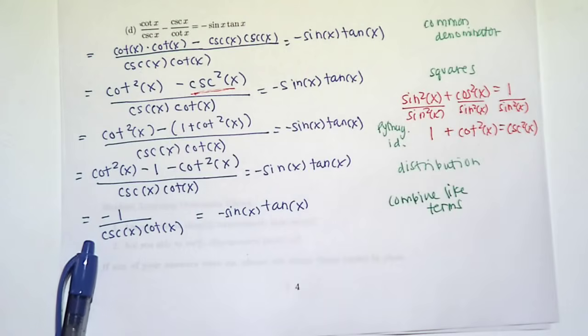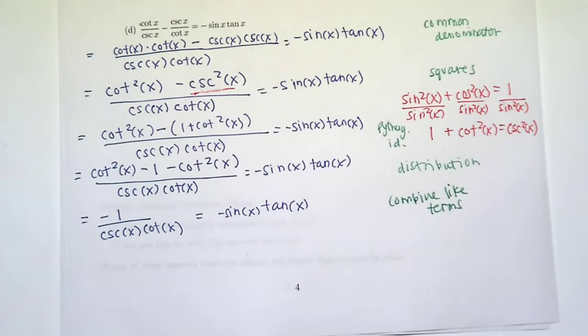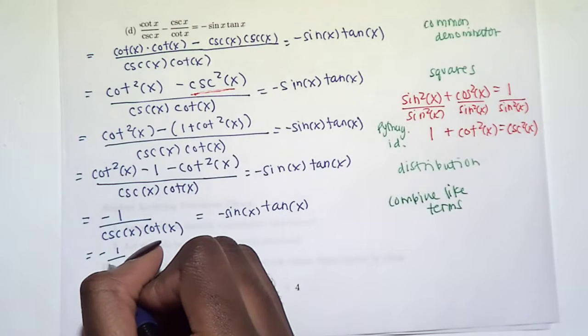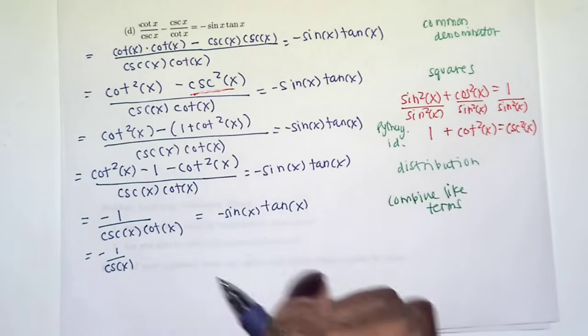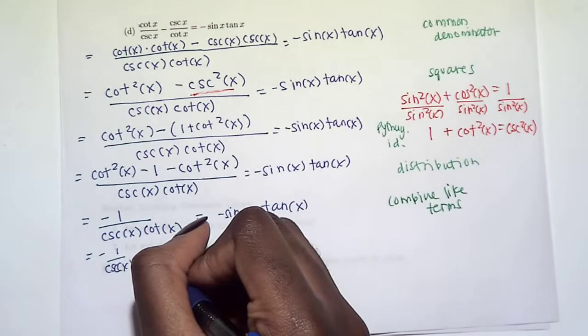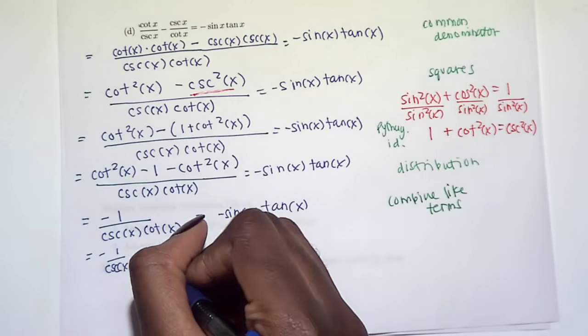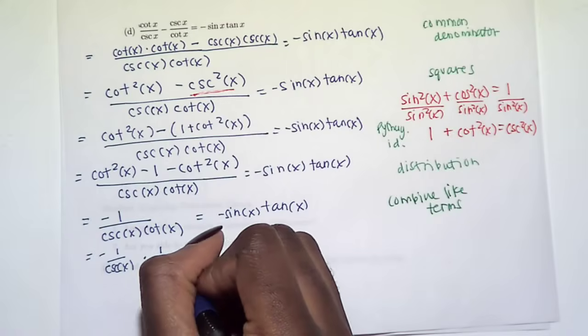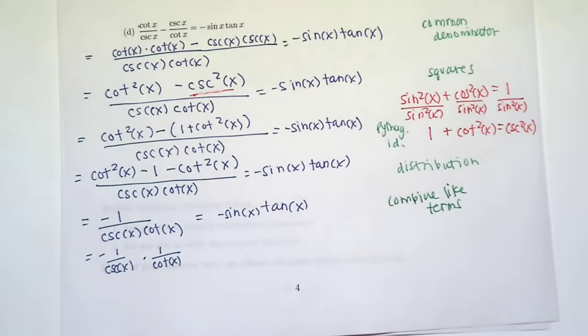Right now we have negative 1 over cosecant x, cotangent x. Maybe we can break this fraction up. Oops, I always forget my c. Cosecant x, 1 over cotangent x.